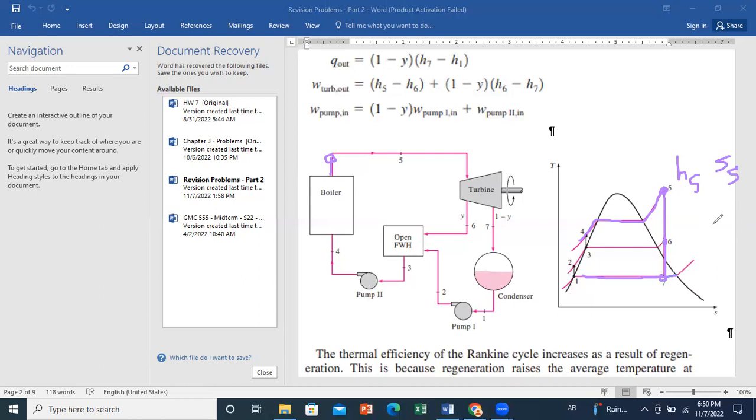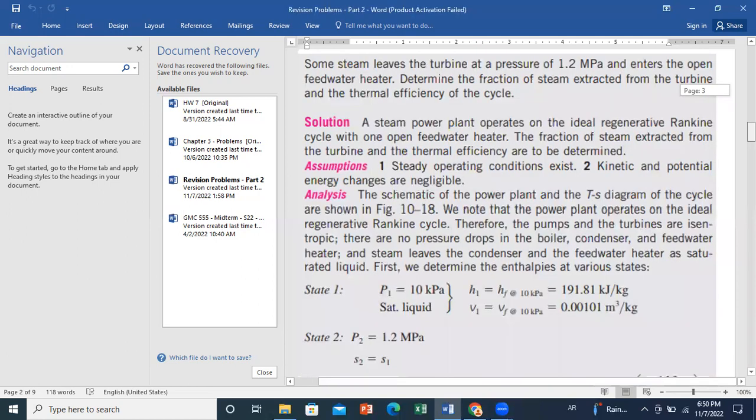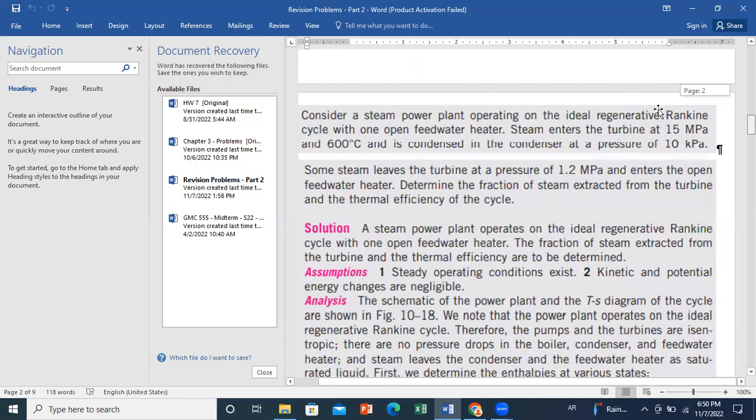Now we'll focus in this problem on how to deal with our new component, which is the open feed water heater. So let us go step by step over the method. First, going back to our given, we know the three pressures: the maximum, the minimum, and the intermediate.